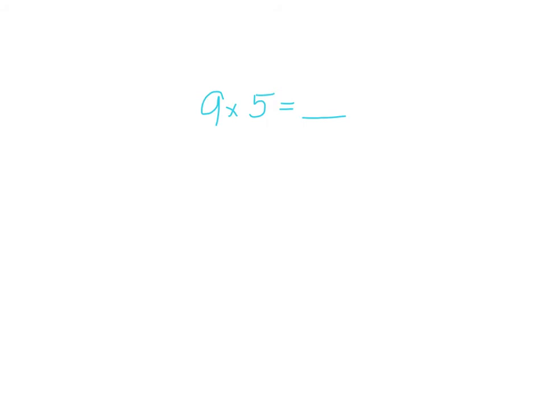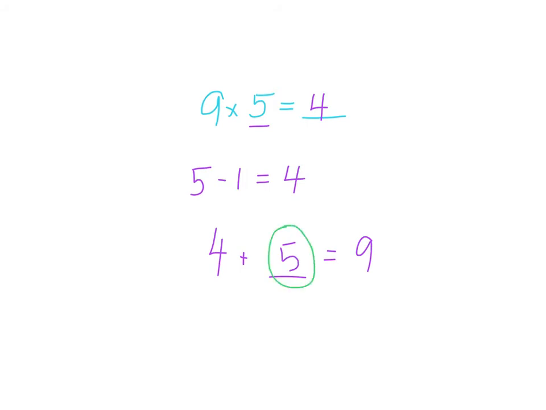If I'm doing 9 times 5, take the 5, subtract 1. That gives me the tens place. I know that 4 plus 5 equals 9. So this 5 is going to go in the ones place.